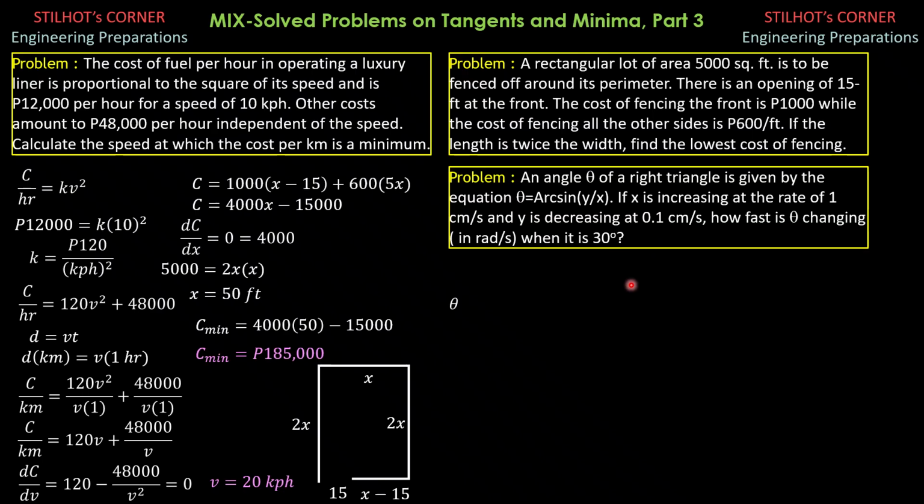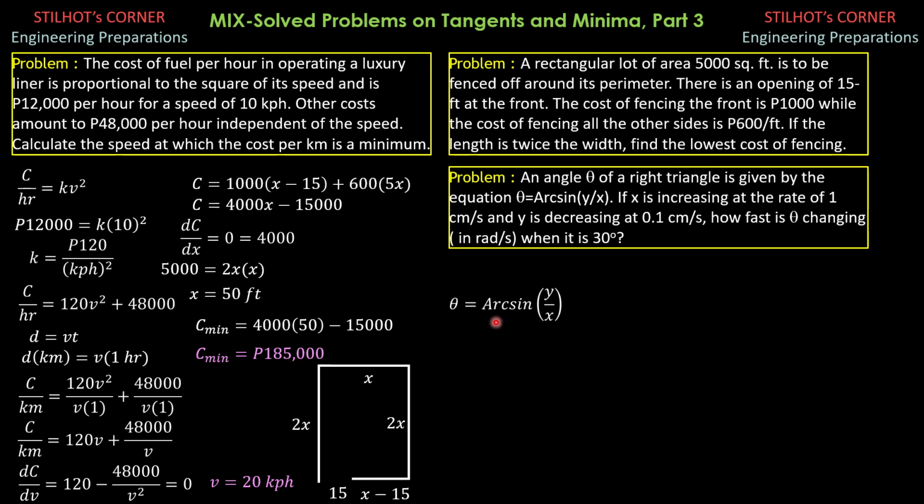So theta is arcsine of y over x, so it's just like theta equals arcsine of u, where this is the u. Take note that the derivative of theta with respect to time is the derivative of arcsine of u, which is the derivative of u with respect to time, the derivative of y over x with respect to t, divided by the square root of 1 minus u squared.